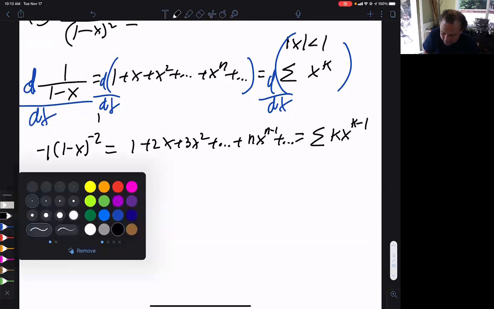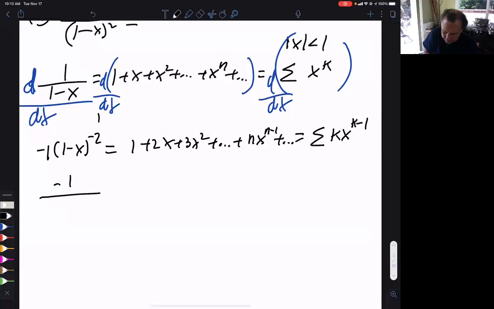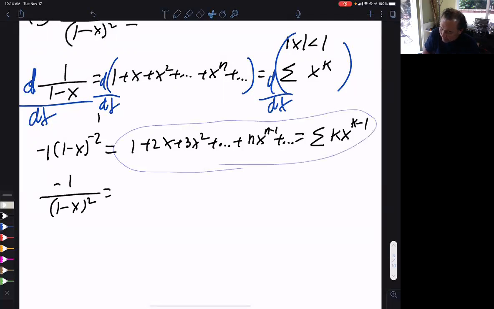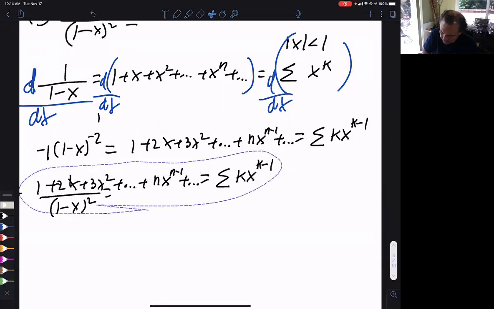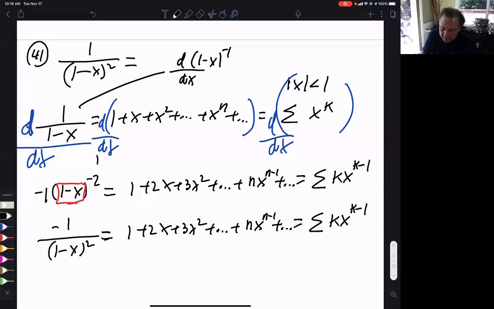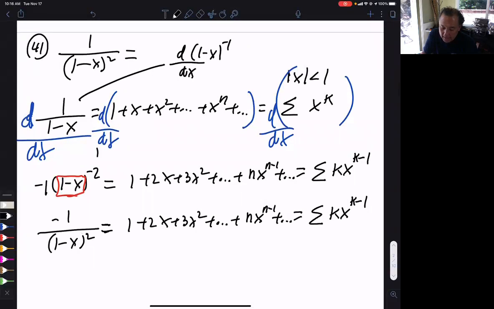So let's rewrite this. I'm just going to copy and paste this because I have the power. Bammo! Look at that. So when we take the derivative of that, it's really that.